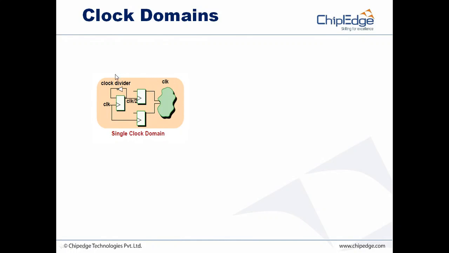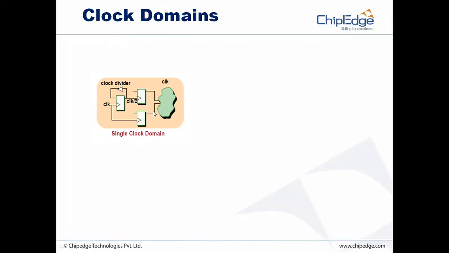This is all in the same design, and this signal goes to the same logic, and this one also goes to the same logic. Since clock by 2 is derived from clock and they have a fixed phase relationship, we can call it synchronous. So this is treated as a single clock domain.